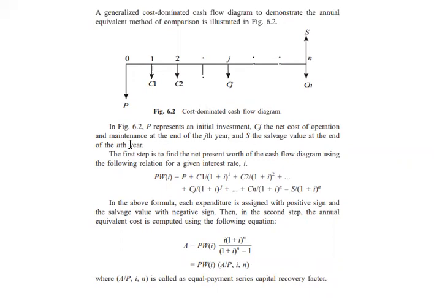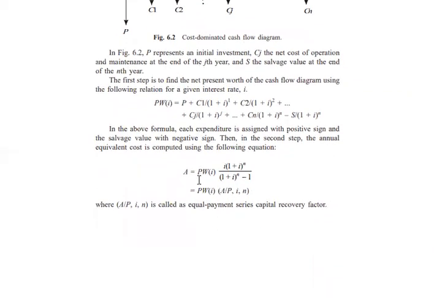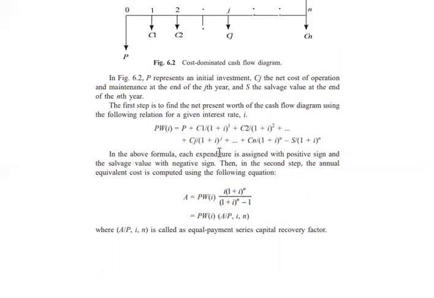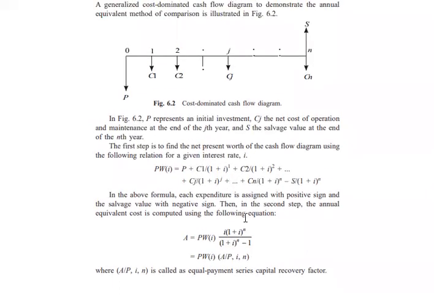In the first step, you can find the net present worth with the following formula, and then the annual equivalent cost can be computed with the following formula. Also keep in mind that here the expenditure is considered positive and the salvage value is considered negative, right?